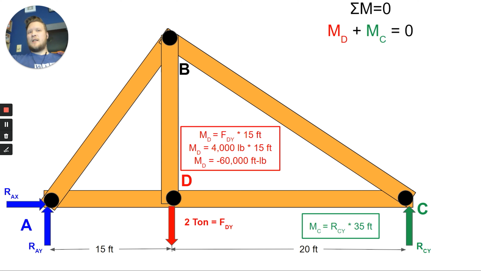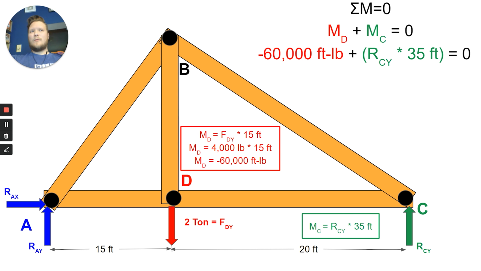And the moment at C equals our force, RCY, which we don't know yet, times our distance, which is 15 feet from A to D and 20 feet from D to C. So we add those two together to get 35 feet total.